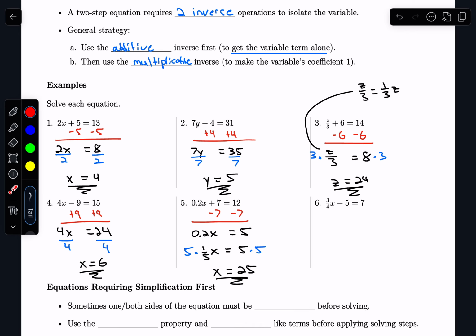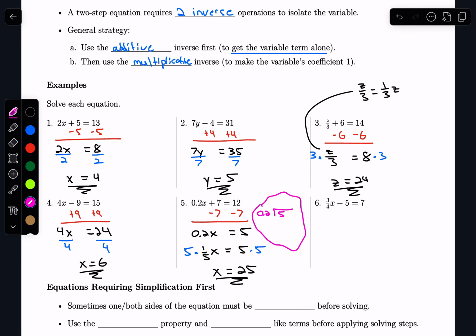An alternative way you could have done this is divide both sides by 0.2. So I'll work this out on the side here. I could have done long division, where I have 5 on the inside and 0.2 on the outside. But if you remember what I taught you in our decimal lesson, whenever we divide by decimals, we actually want to use an equivalent fraction.